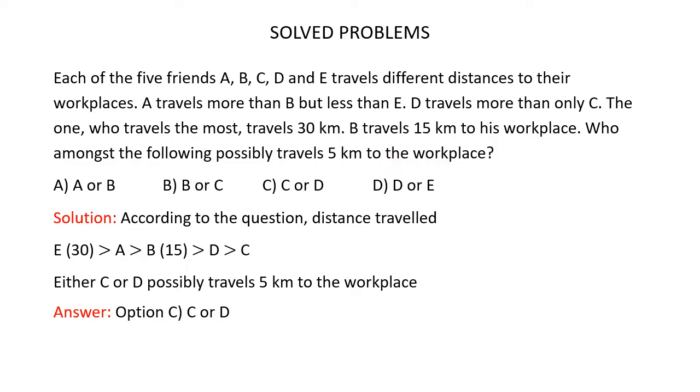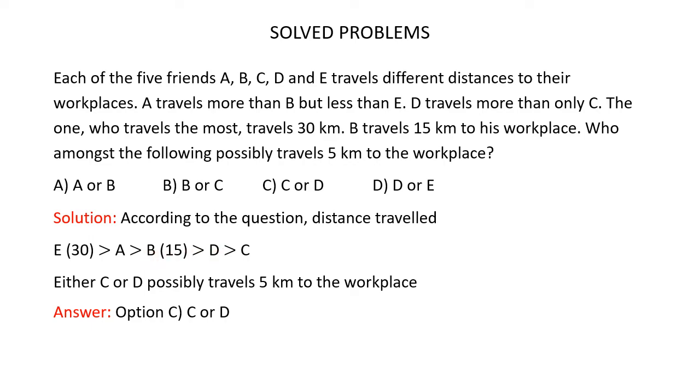Now, according to the information given in the question, A travels more than B but less than E, which means that E travels more than A and B. D travels more than only C, so D travels more than only C means that E, A and B travel more than D.